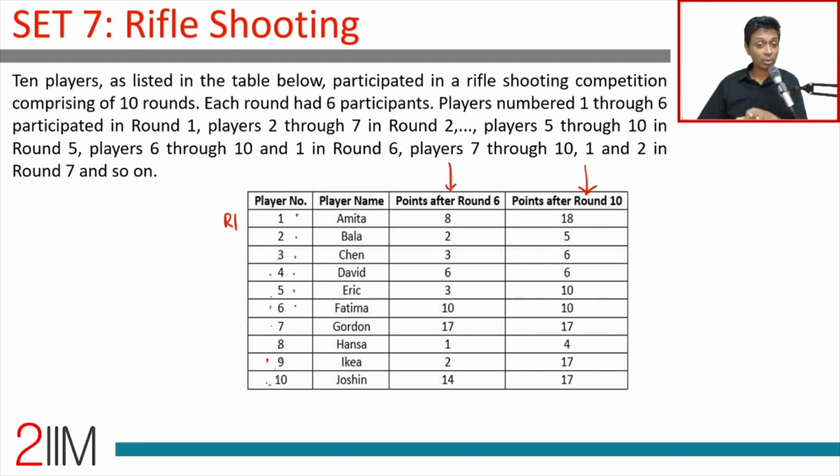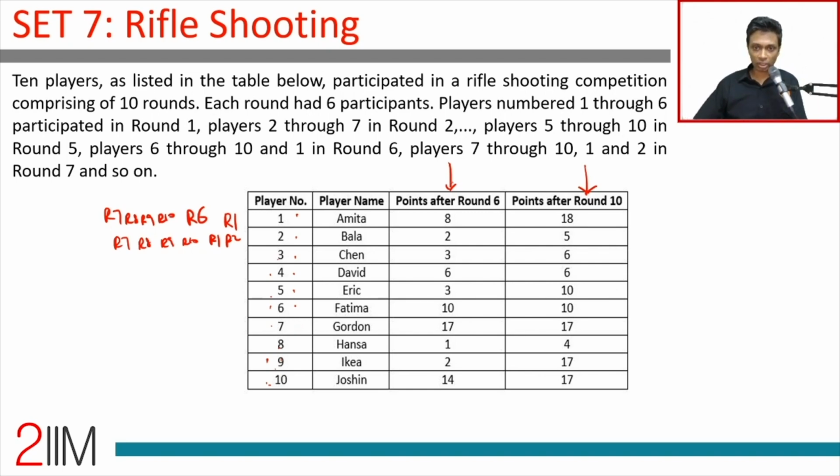In none of that does Amita play. And then back to round 6, 7, 8, 9, 10. Bala would have played in round 1, round 2, and then round 7, 8, 9, 10, and so on. We can make those inferences, very clearly, step by step.